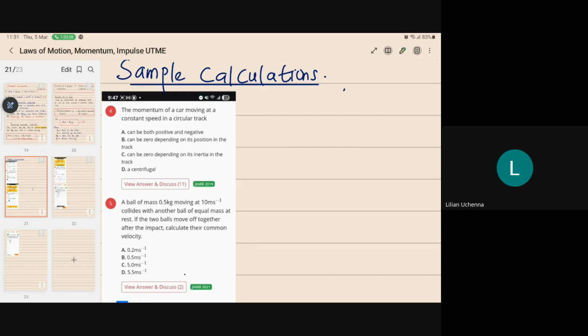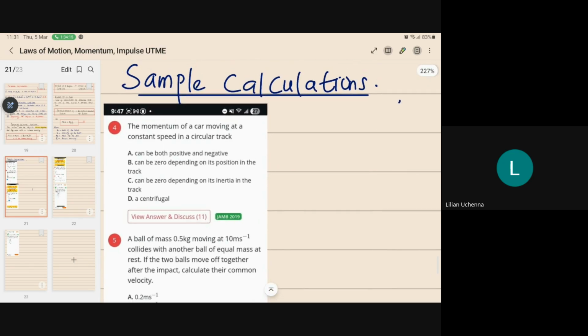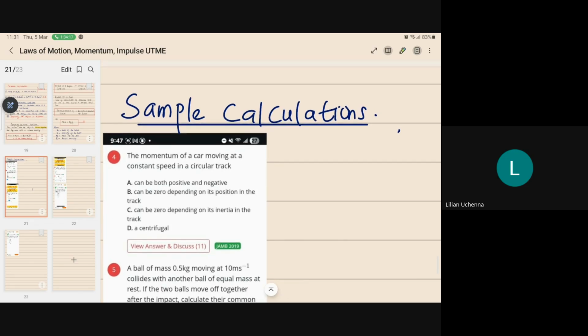The momentum of a car. Just send your answers in the chat. Let me pick the correct one. Sir, can you increase the picture again? Is it okay now? Okay. So momentum of a car moving at a constant speed in a circular track.